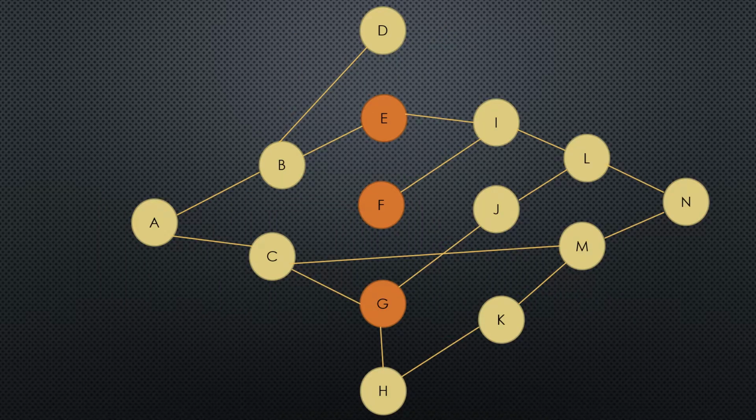Suppose considering a network, the yellow nodes here are the nodes which are not affected by any malicious thing, and the nodes in the red color are SYBIL nodes.